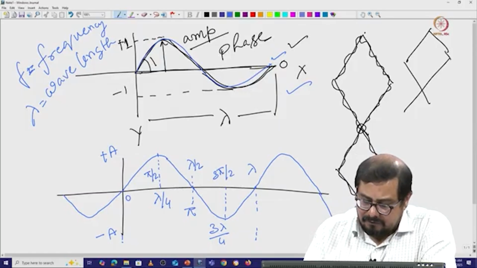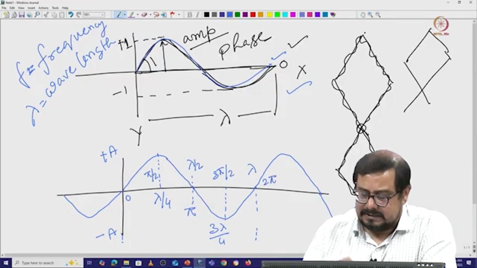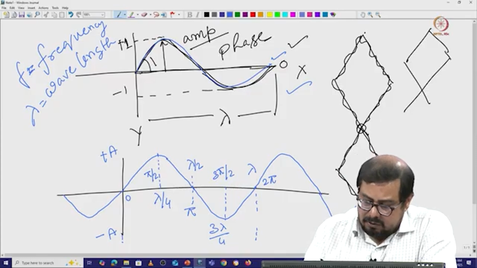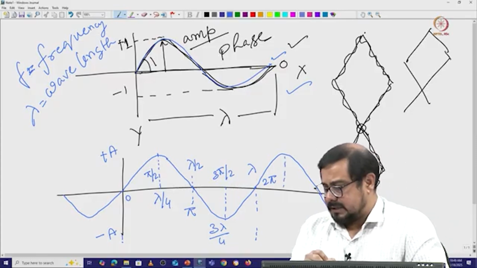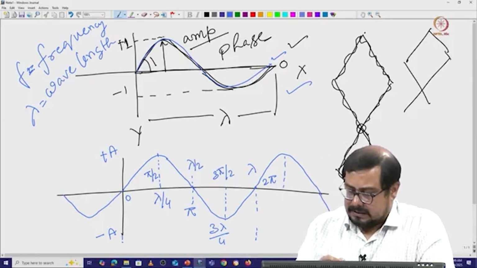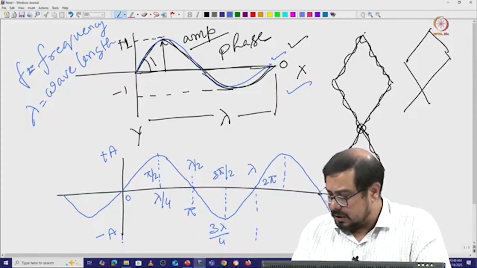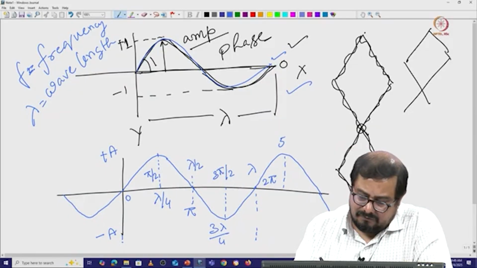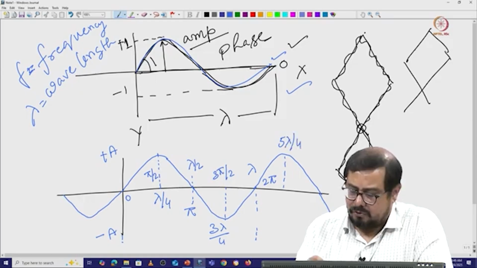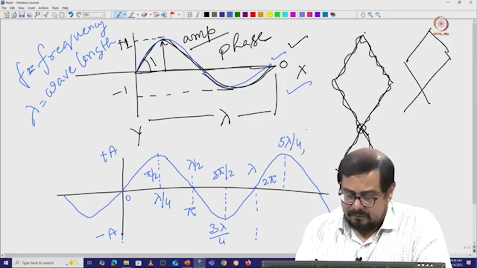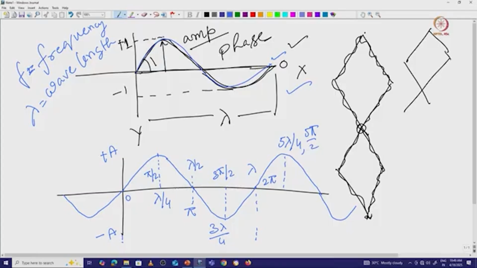Now when we have a full cycle, this is 2 pi, and it will keep going on like that. If we consider the other one, this one, we can say that it is 5 lambda by 4 and the angle will be 5 pi by 2.